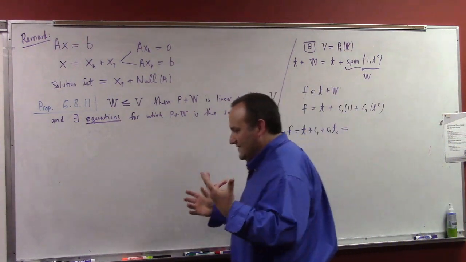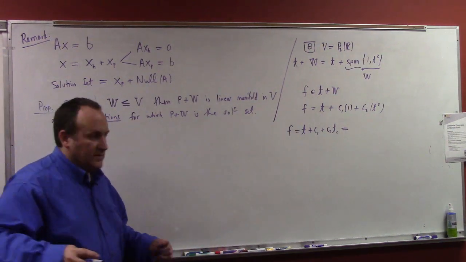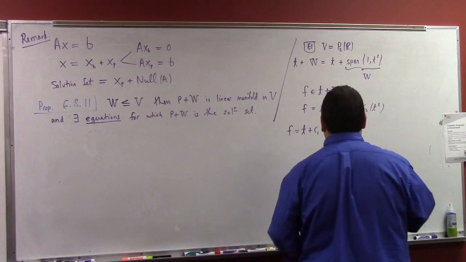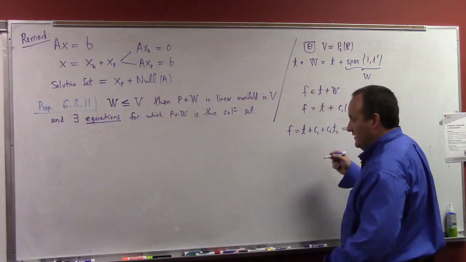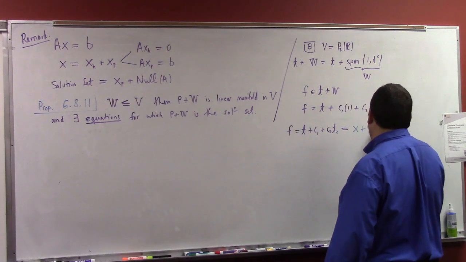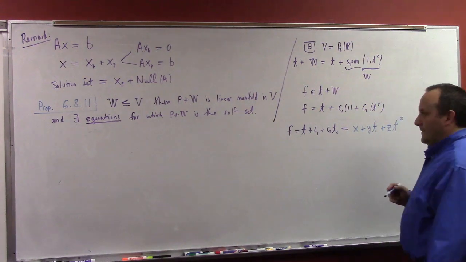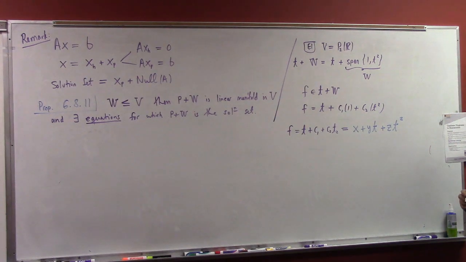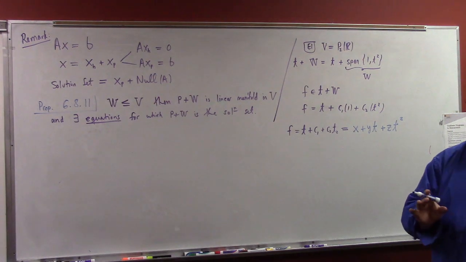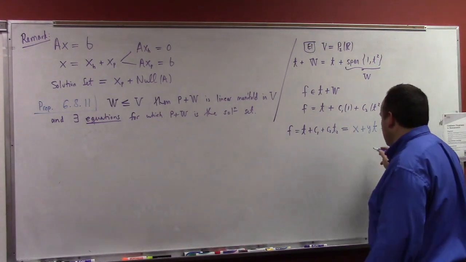I'll use X, Y, and Z, though you could use other numbered coefficients. So I have X plus Y times T plus Z times T squared. The equations I'm looking for are equations in X, Y, and Z.